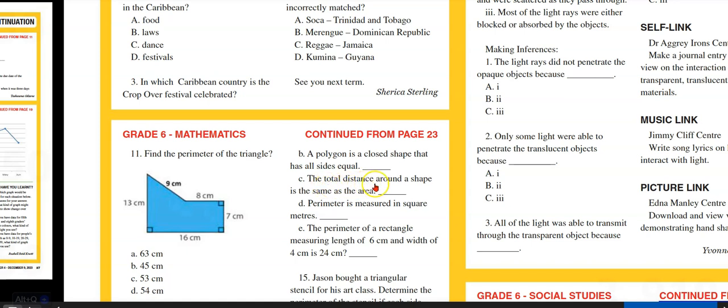C, the total distance around a shape is the same as the area. D, perimeter is measured in square meters. E, the perimeter of a rectangle measuring a length of 6 and a width of 4 is 24 centimeters.